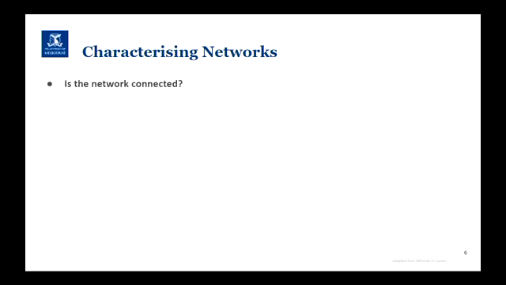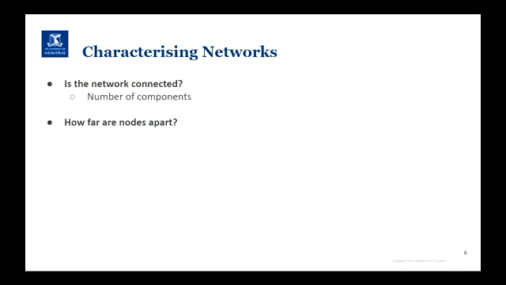And in order to characterize networks, we can ask a bunch of different questions. For instance, we can start by asking, is my network connected? And if it's not, how many different components does it have? We'll go through each one of these questions in detail in a bit. We can ask a different question as well: how far apart are nodes on average?